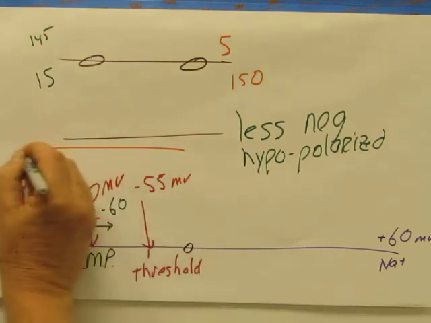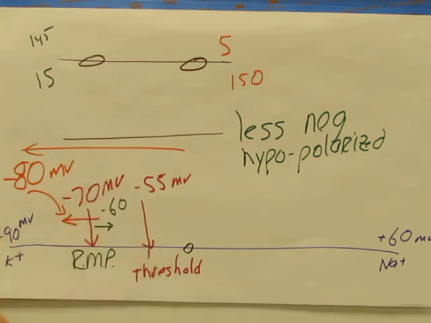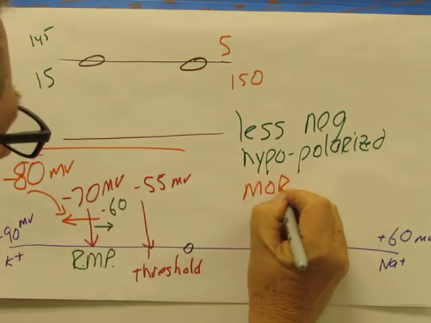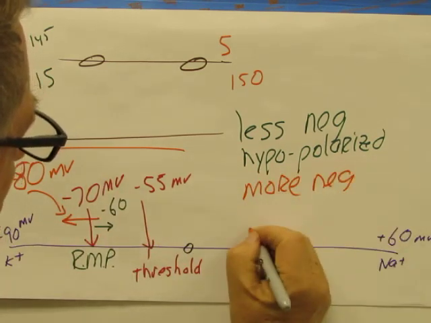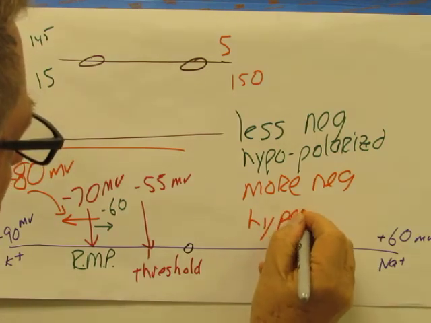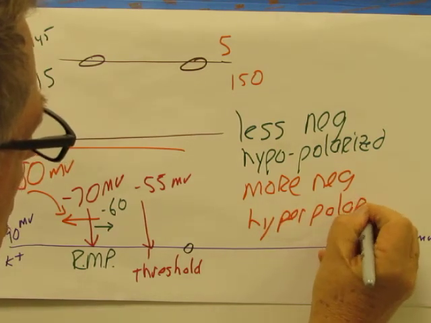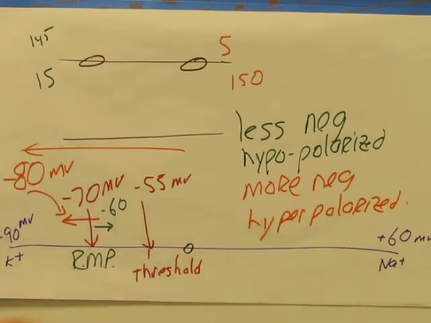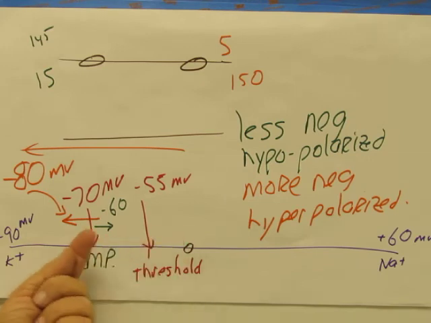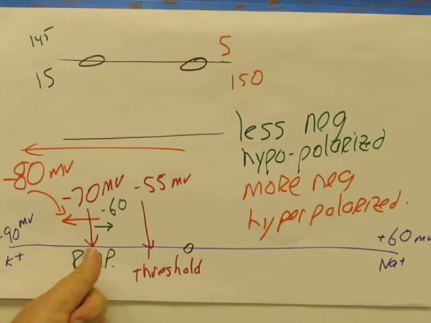That now is more negative than this, and we use the word hyperpolarized. So hypopolarized refers to the voltage of the membrane being less negative, going towards zero. Hyperpolarized means the membrane potential is going away from zero, more negative.